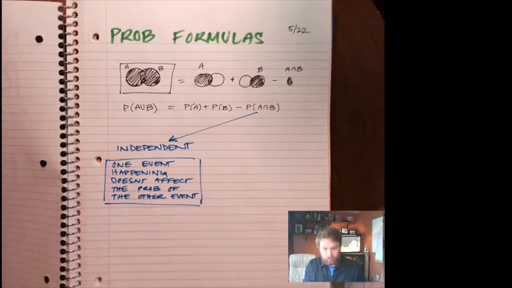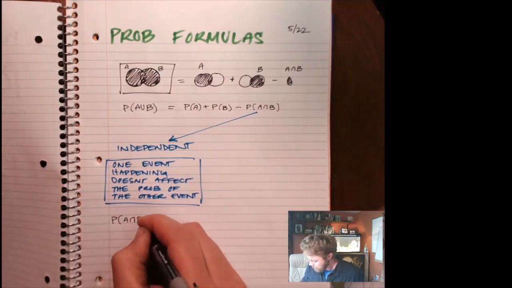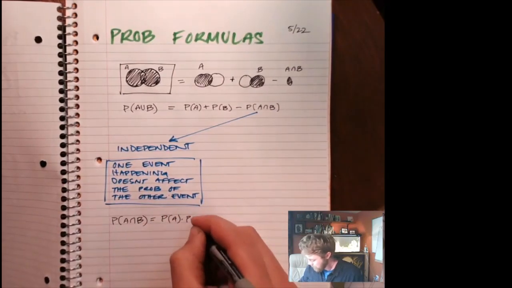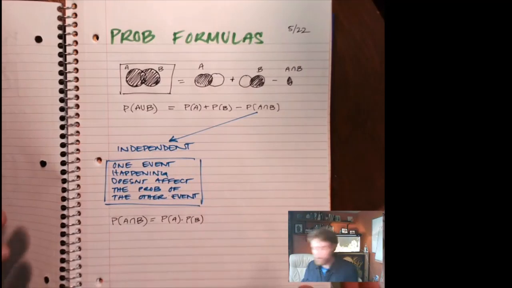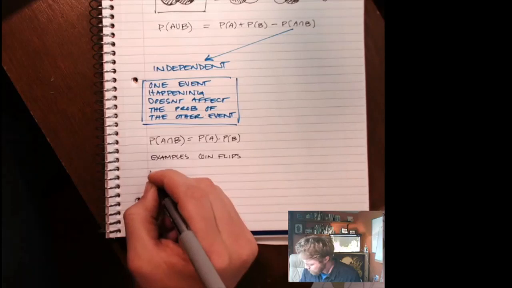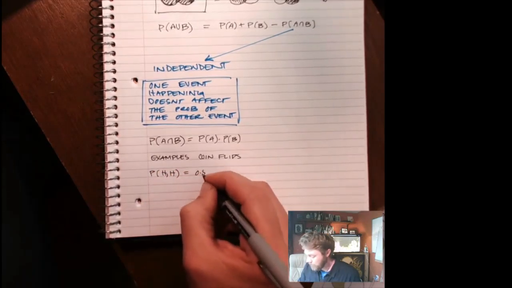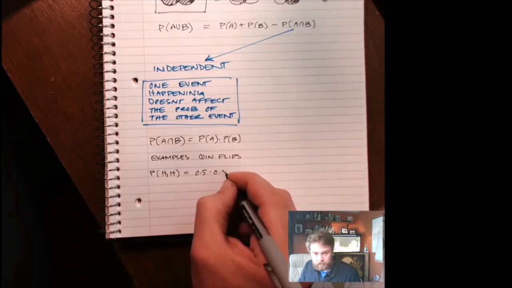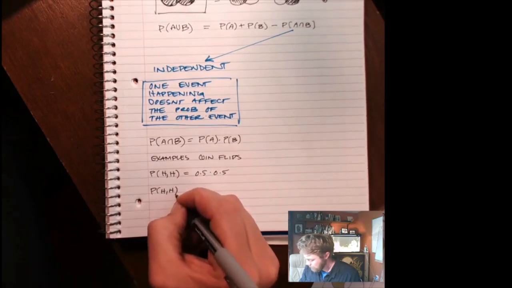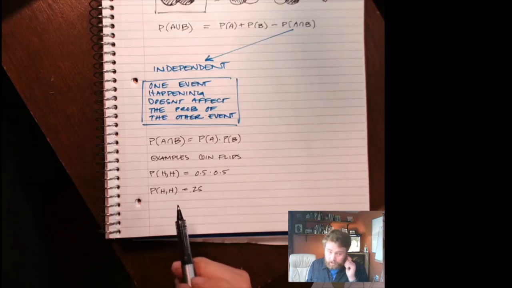So if you want to figure out the intersection probability of A and B, you would just multiply them together. Coin flip, for example, probability heads: you would just multiply 50% times 50%, and that probability is 25%. Okay, that's for independent events.